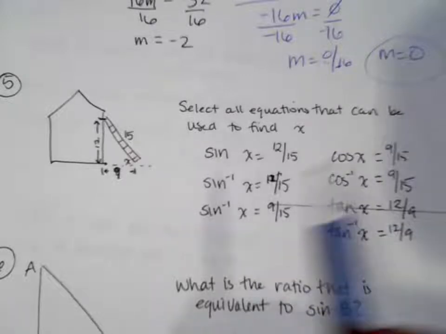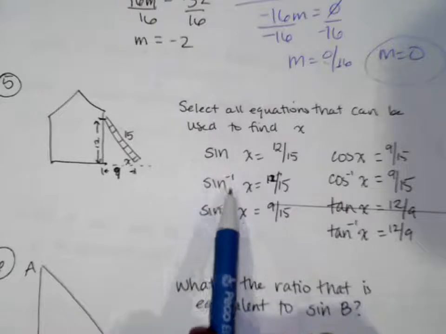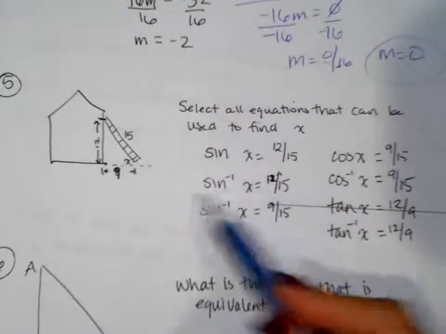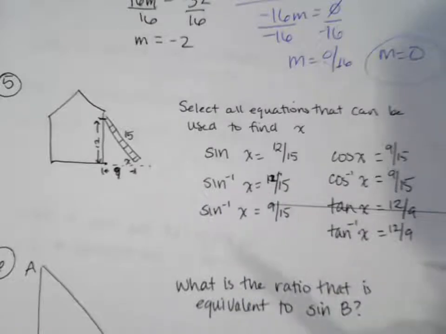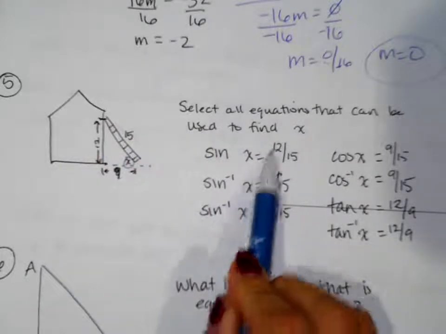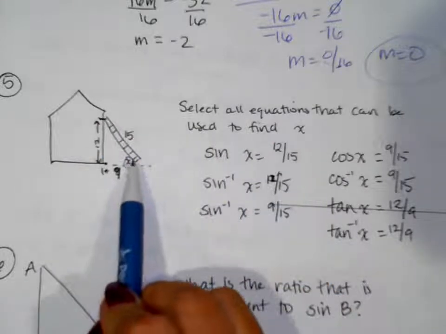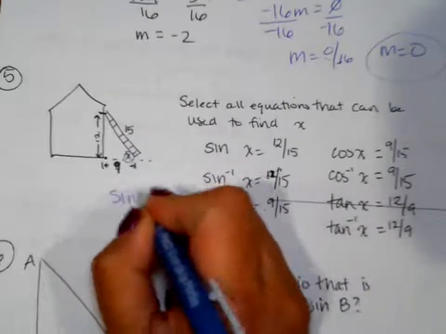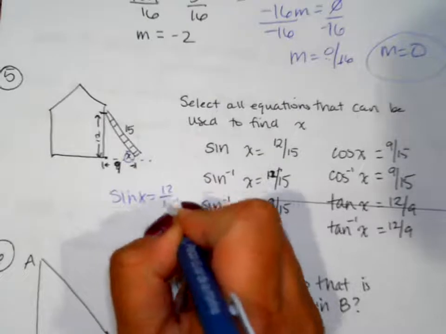All right, so when you're looking at this, I'm looking for an angle. So obviously in my head, I should think, okay, let me use some kind of inverse. All right, but if I'm just starting right off the bat, I'm looking for this guy right here. Sine of x equals 12 over 15. Technically, that wouldn't work.